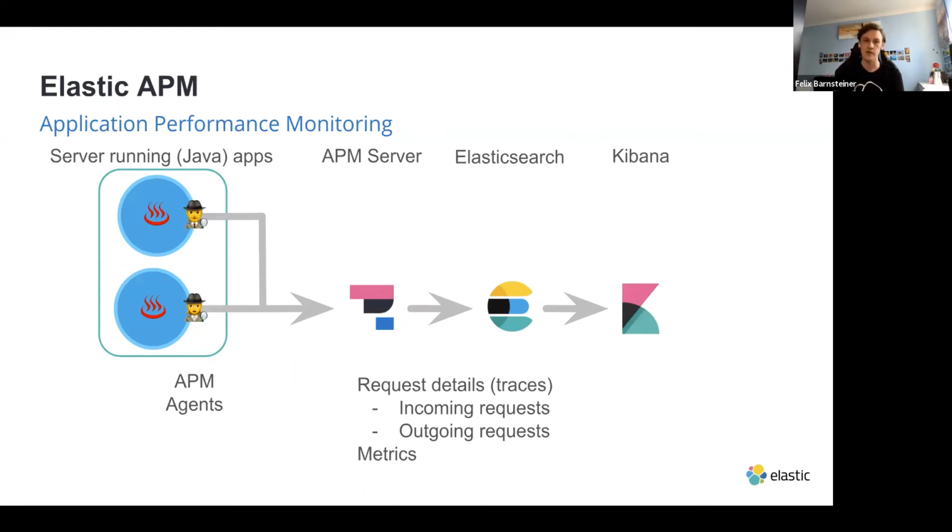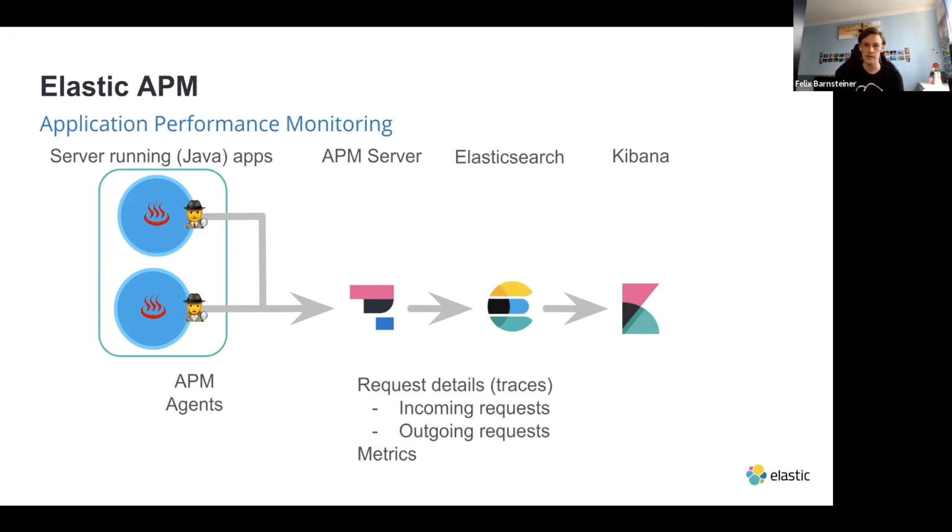Maybe you have some sort of microservice-based application, or even if you don't, you probably use a database or something where you do some requests. And often these external requests are a source of latency, which basically make your application slow. And our agents can help you to identify those.